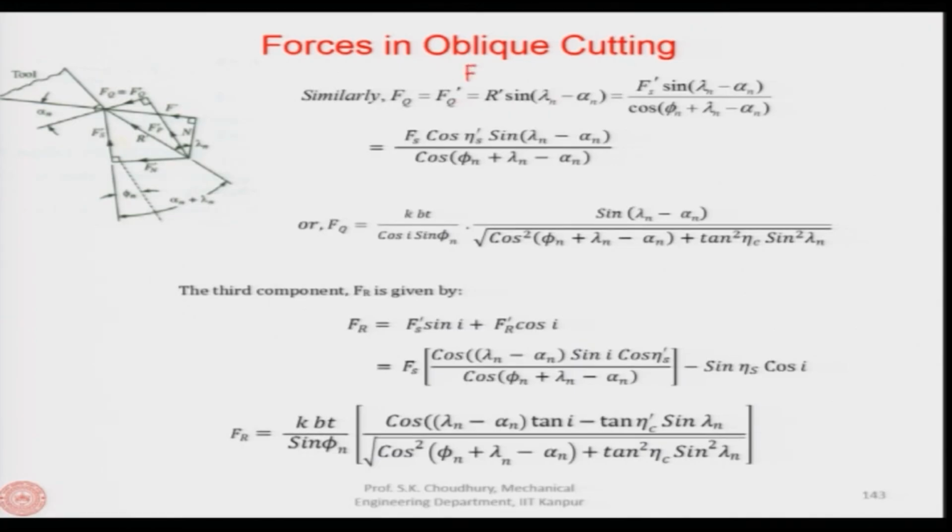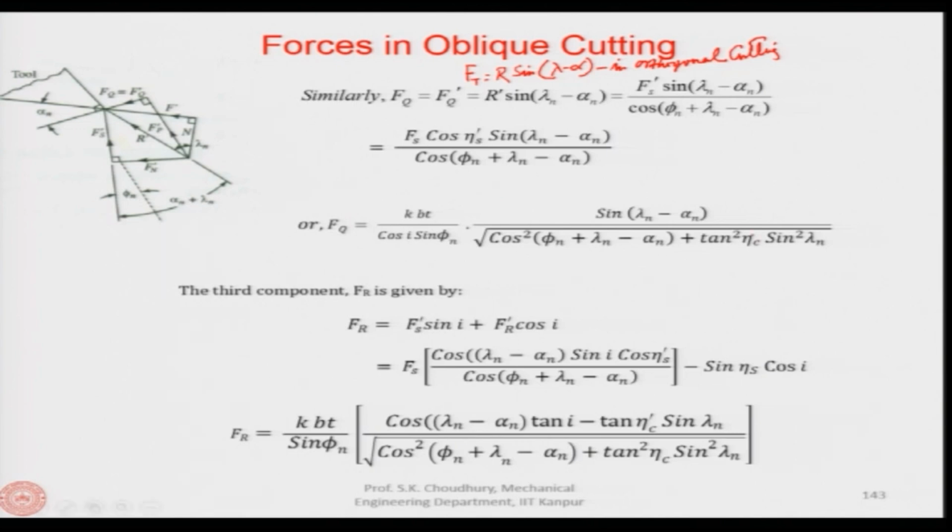If you compare, the Ft was R sine of lambda minus alpha in orthogonal cutting, and here in this oblique cutting it will be R prime, and R prime sine of lambda n minus alpha n can be written as R prime is equal to Fs prime divided by this, or Fs prime can be written as Fs into the cos nu s prime divided by this. Now, therefore, the Fq can be said to be equal to this expression.